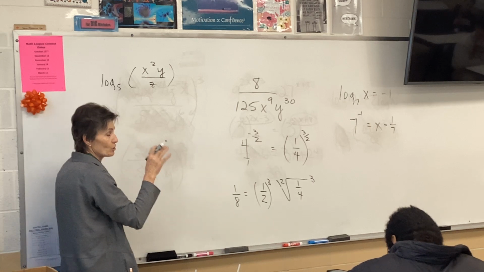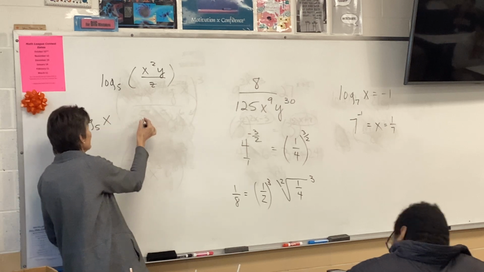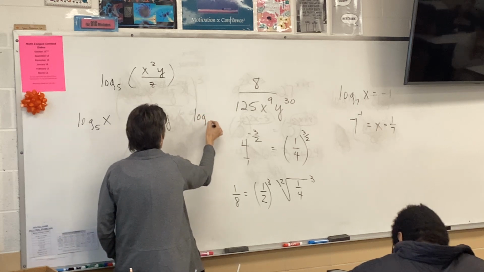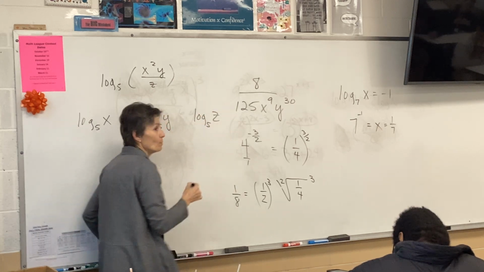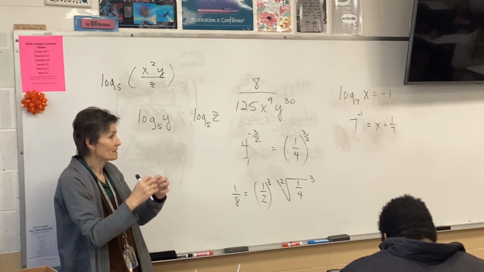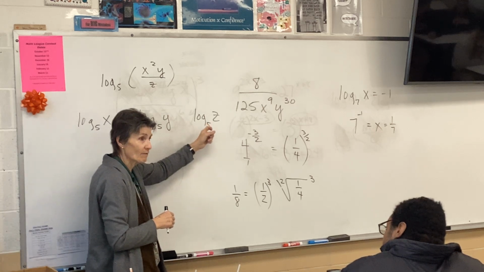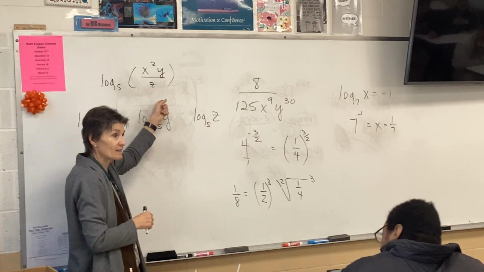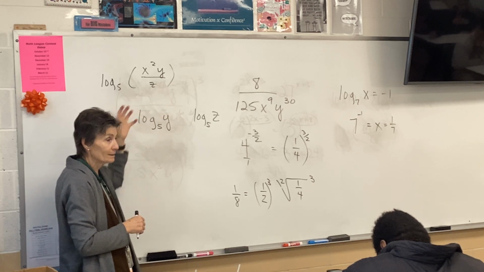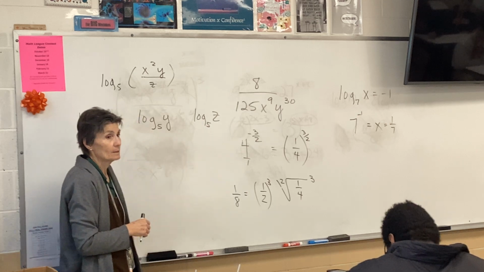For those of you that aren't sure about what he just said, when we say expand this, we're going to have 3 logarithms. Now the base has nothing to do with it. That 5 has nothing to do with it, you just carry that along. So it's a log base 5 x, log base 5 y, log base 5 z, because those are the things in my problem. Every letter in the problem is going to have an individual logarithm.